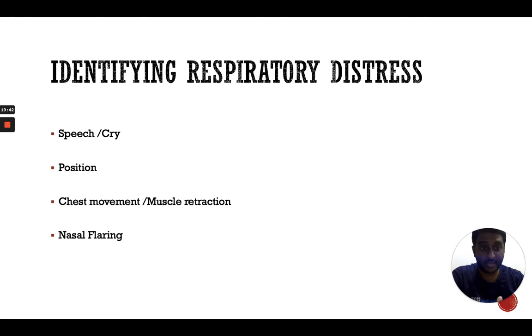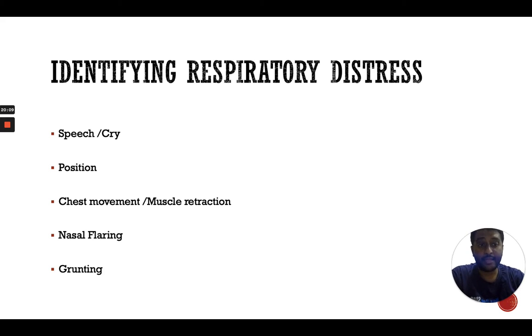As I said earlier, they are obligate nasal breathers, so when they are in respiratory distress, they try to increase the space for them to inhale. So the nasal space will increase, and it is very commonly seen in very young children who haven't really learned to breathe through their mouth during distress.